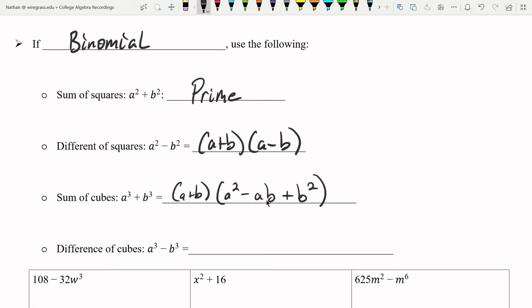This cannot factor any further unless we use complex numbers. Then a difference of 2 cubes. If you can write it this way, this factors down into a minus b, a squared plus ab plus b squared. So these are very similar to the sum and difference of two cubes. All that's been flipped here is this positive and negative sign.